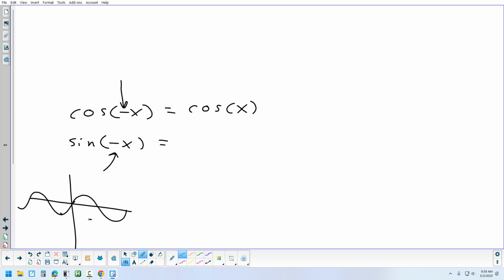So does anybody know what we can do with the negative in that case? You can put it on the outside. Yep, because it's vertically symmetric. So we can put it on the outside in the front. Okay, so we're going to derive the next formula, but we need to remember these two things.